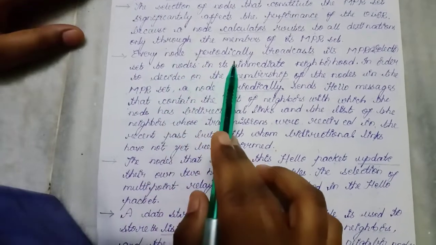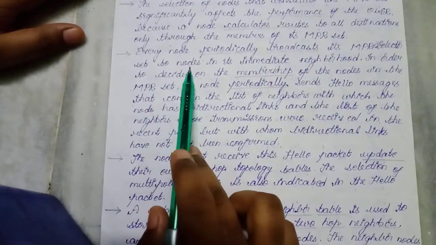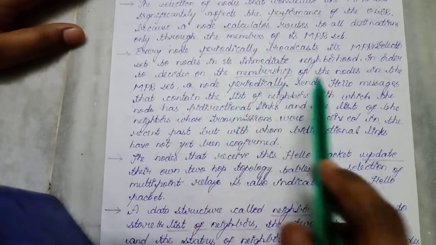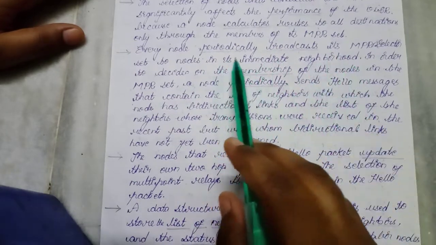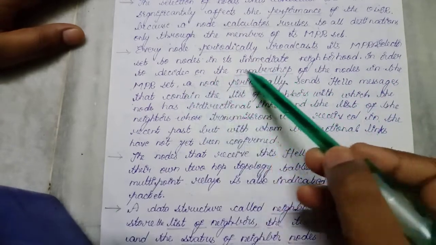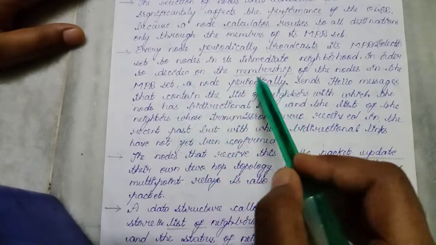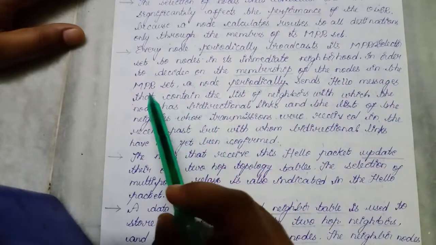Every node periodically broadcasts its MPR selector set to nodes in its immediate neighborhood, in order to decide on membership of the nodes in the MPR set.